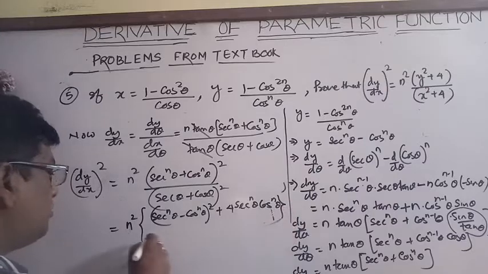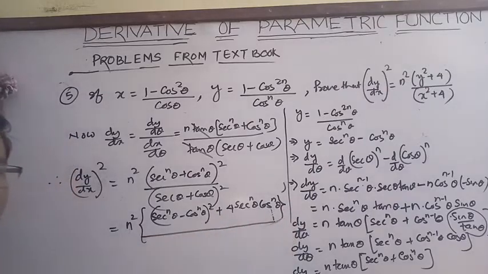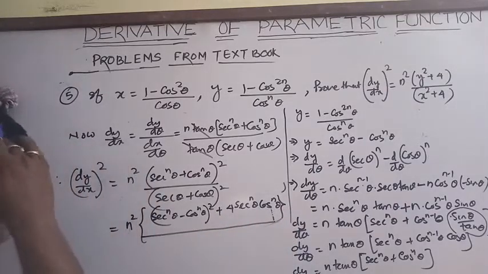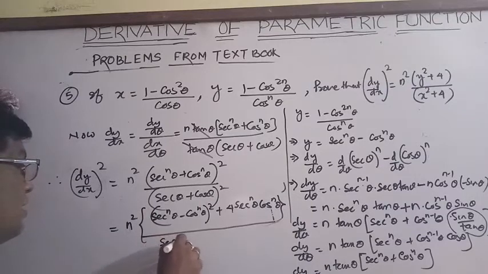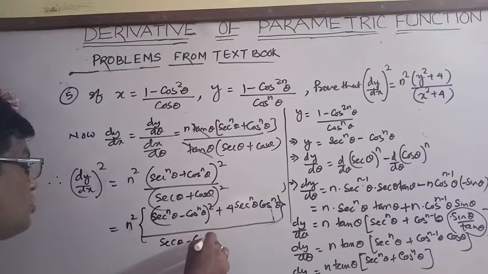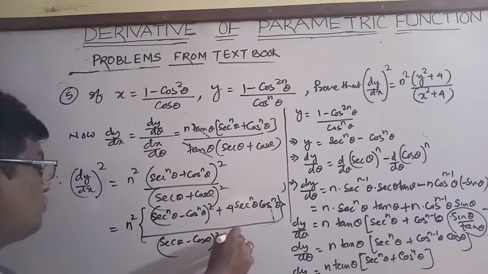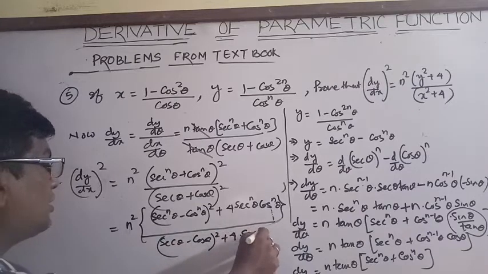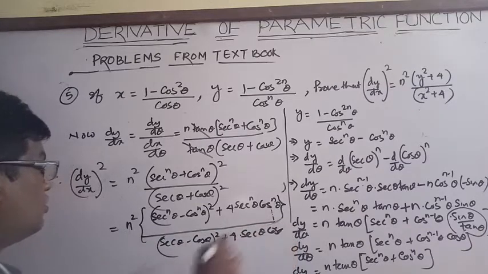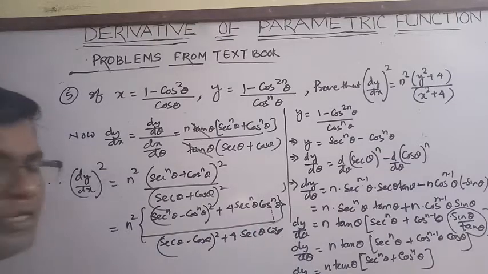Clear? Similarly, divided by (sec theta minus cos theta) whole square plus 4 into sec theta into cos theta. Sec into cos is equal to what? 1.